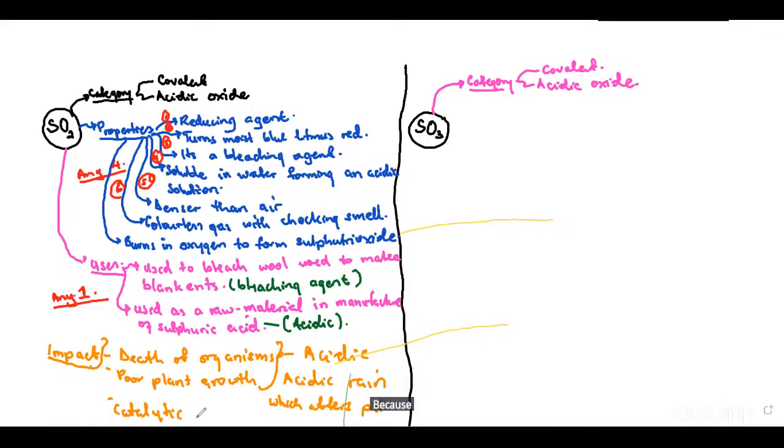Because it is a reducing agent, we need the catalytic converters to be installed in chimneys of industries to purify the waste fumes, to reduce emission of sulfur dioxide into the atmosphere.